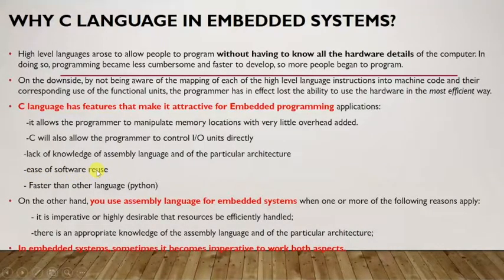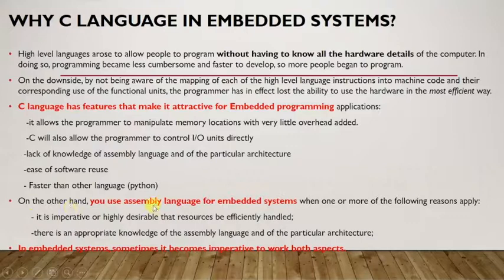You can just change something in the software and reuse it. And it's faster than other languages like Python. Why? Because in C you compile the program once, while Python is an interpreted language. You must interpret every time you use the code, so C is much faster.